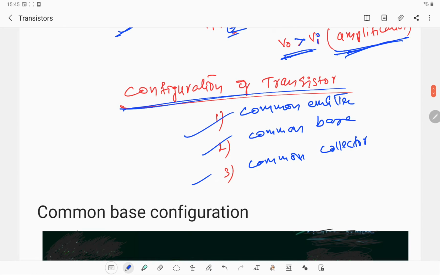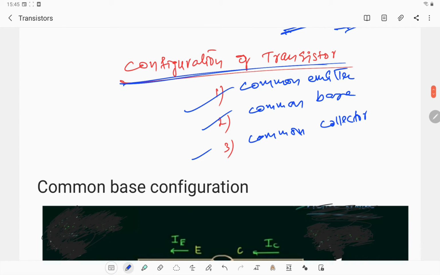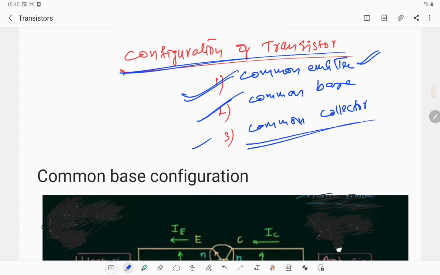These are the three types of configuration. In the majority of electrical circuits we use the common emitter configuration, but the common collector configuration is not under our syllabus. Therefore, common emitter and common base.